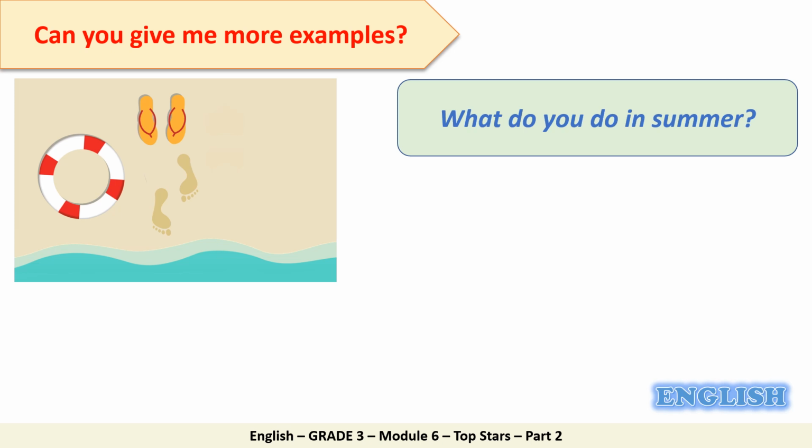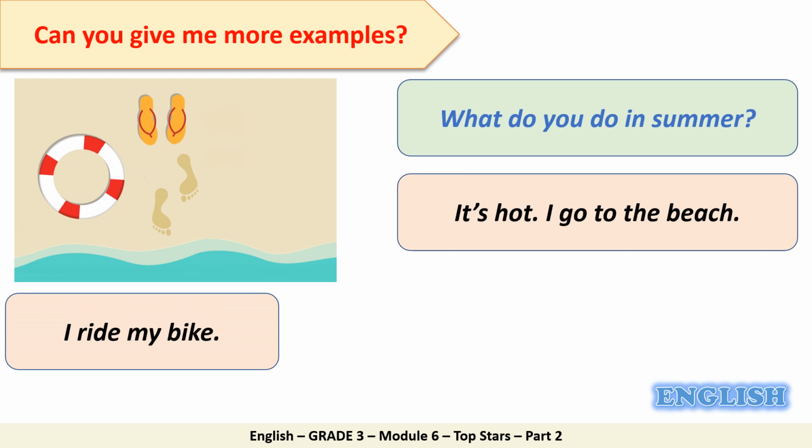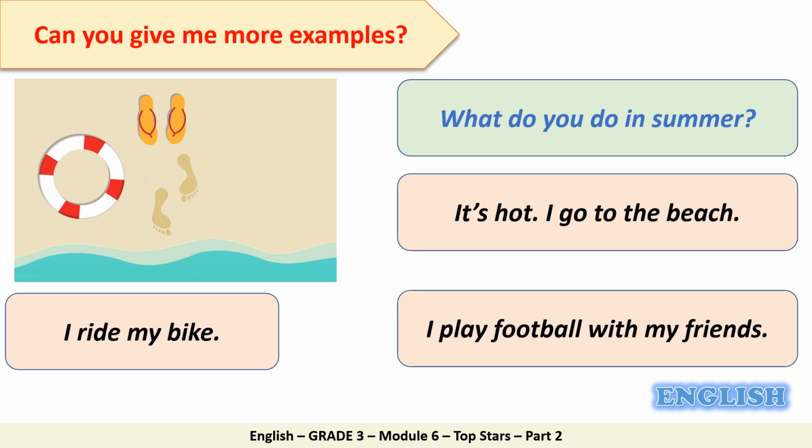Can you help give me an answer to this question? Excellent. It's hot. I go to the beach. I ride my bike. I play football with my friends. Wonderful job, my dears.